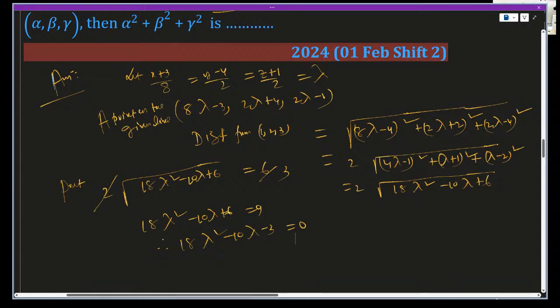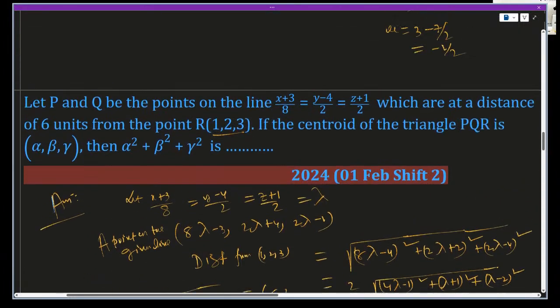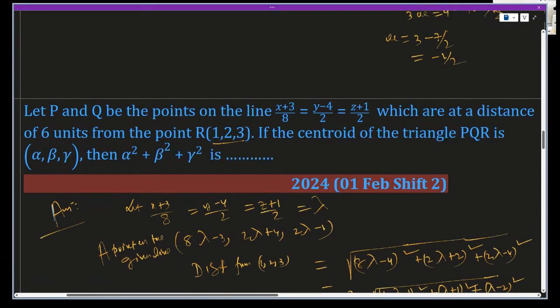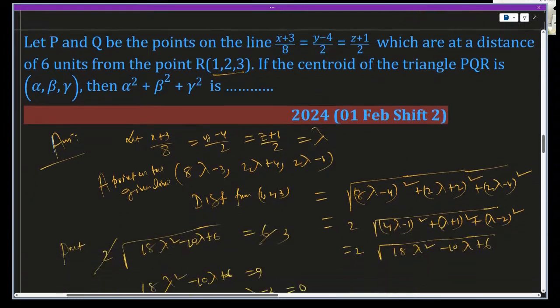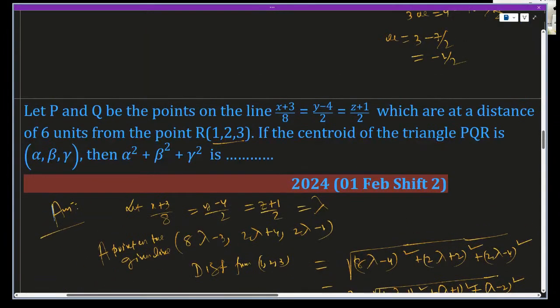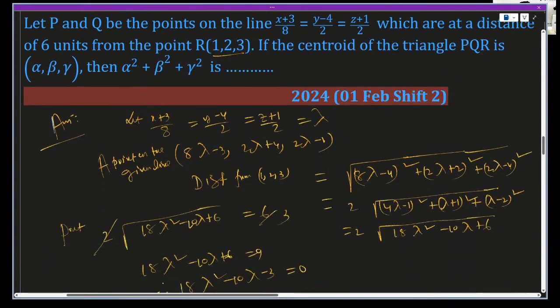No, 12 is not coming over there. 12 is not a factor over there. We have to factorize it. Take a point on the line and then proceed in this manner. Again I check whether I copied correctly or not. X plus 3 by 8, y minus 4 by 2, z plus 1 by 2, 6 unit from 1 to 3. Centroid of triangle PQR alpha beta gamma.